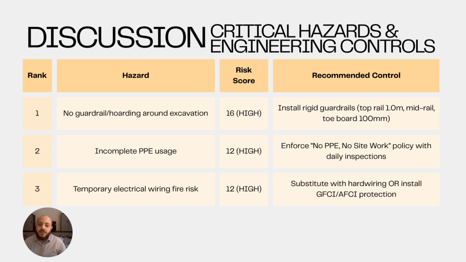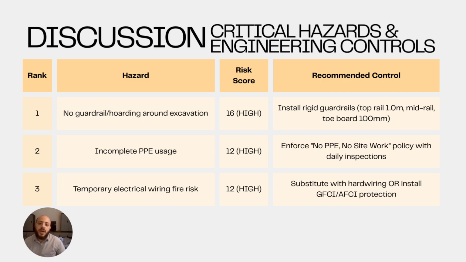Second, we observed incomplete PPE usage among workers, scoring 12, also high. Some workers were not wearing full protective equipment. This solution is simple and administrative: implement a strict no PPE, no site work policy with daily inspection by the site supervisor.